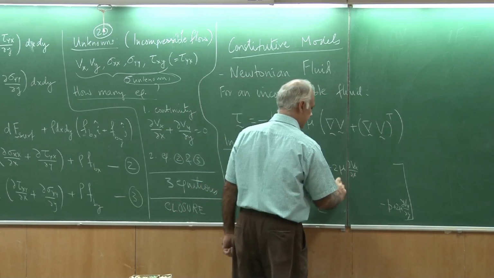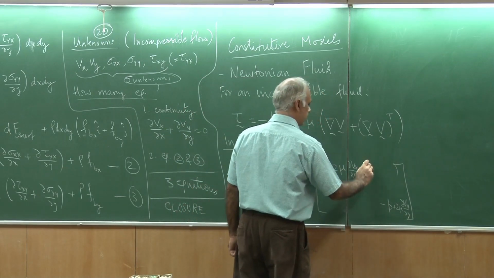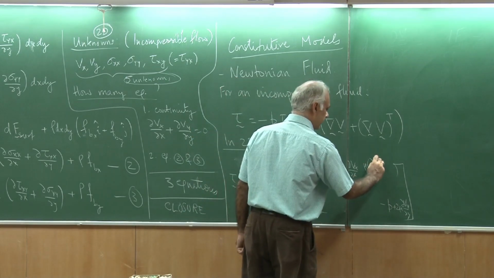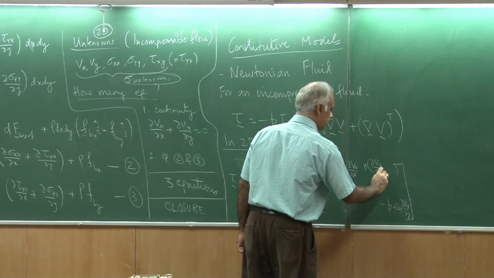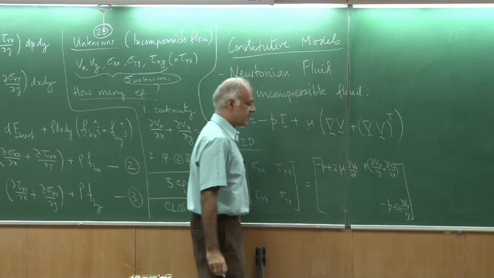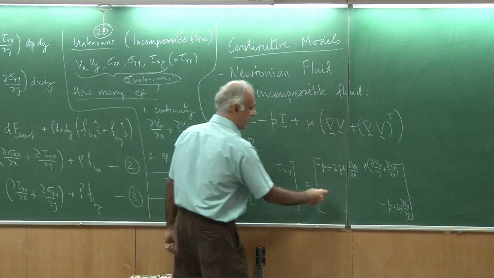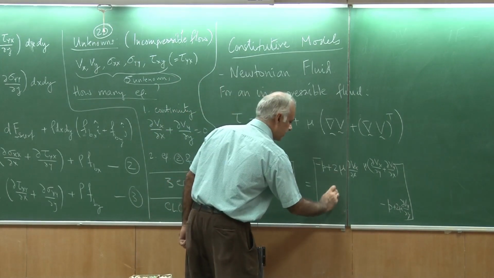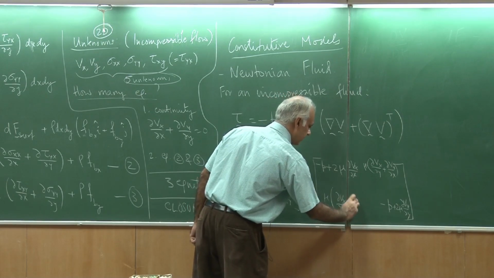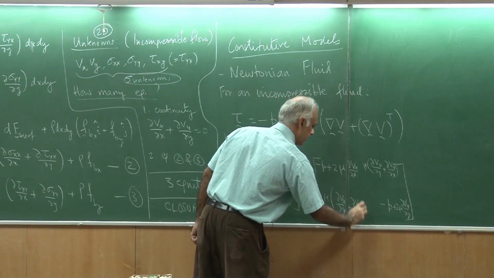And in the off diagonal term, I would get mu times del Vx by del y plus del Vy by del x. And this would actually be the same term because it is symmetric. So, let me just repeat it, del Vx by del y plus del Vy by del x.